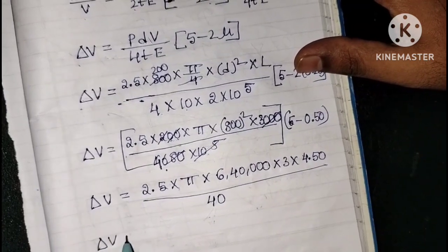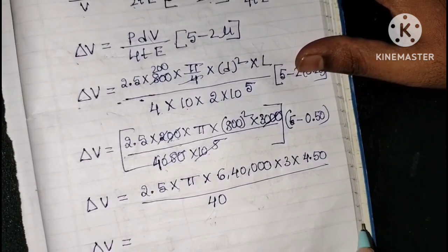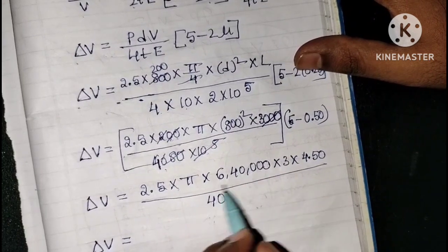So delta V is equal to, we have to simplify this.